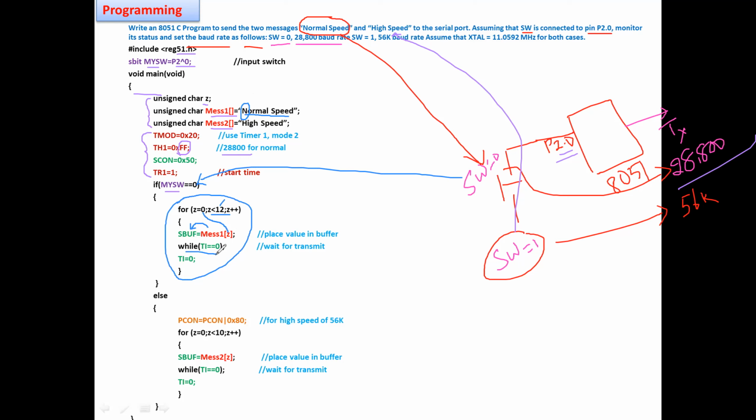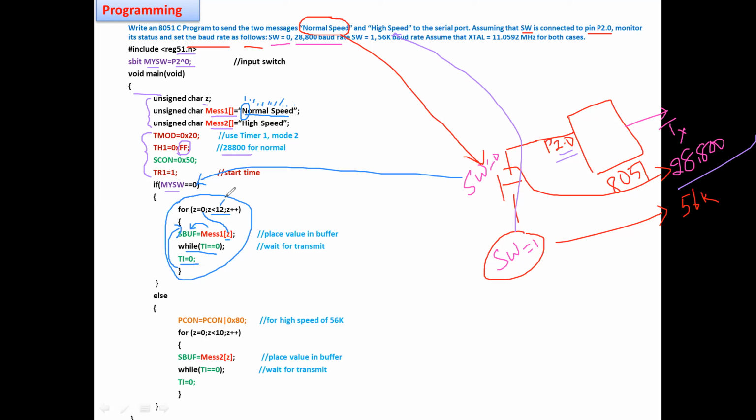After successfully transmitted, just clear it for the next data to transmit. So like this until the 12, that is the element, how many elements you have. It is element 0, 1, 2, 3, 4, 5, 6, 7, 8, 9, 10, and the space is 12. Sorry, 11.